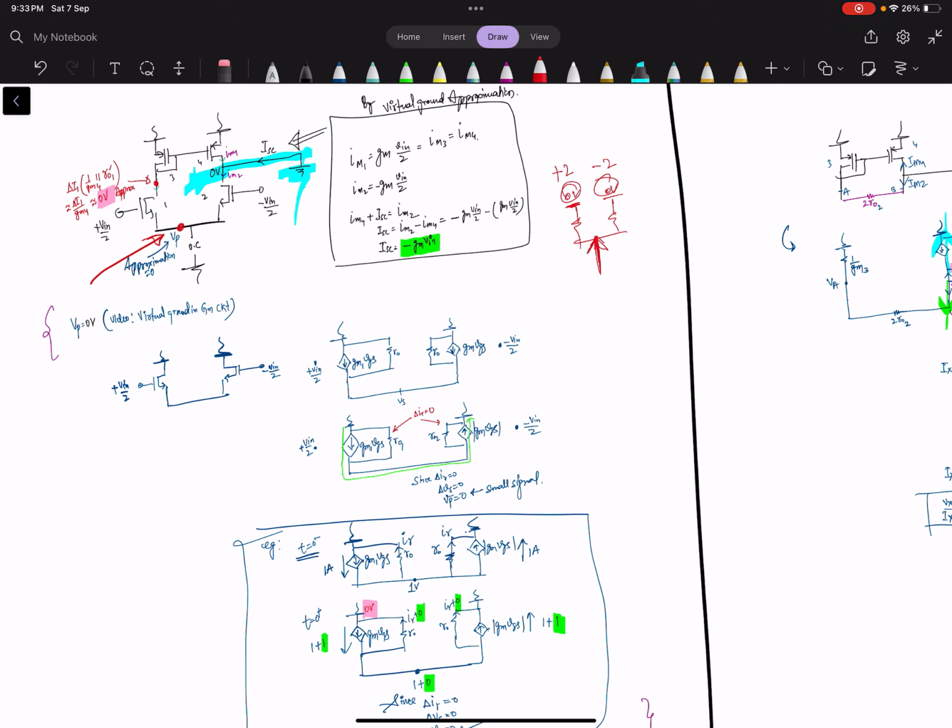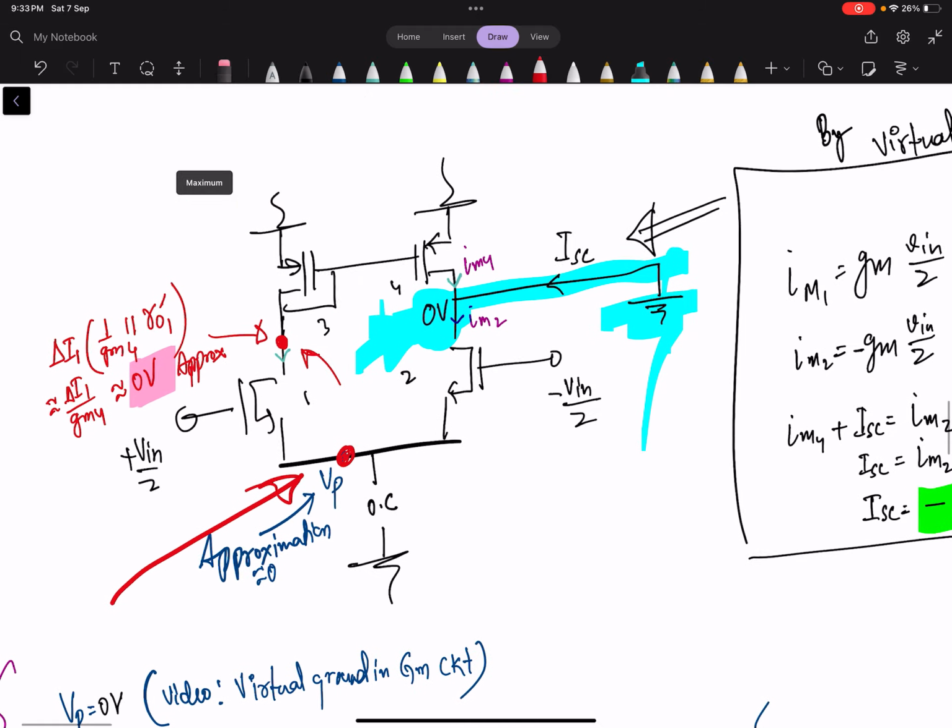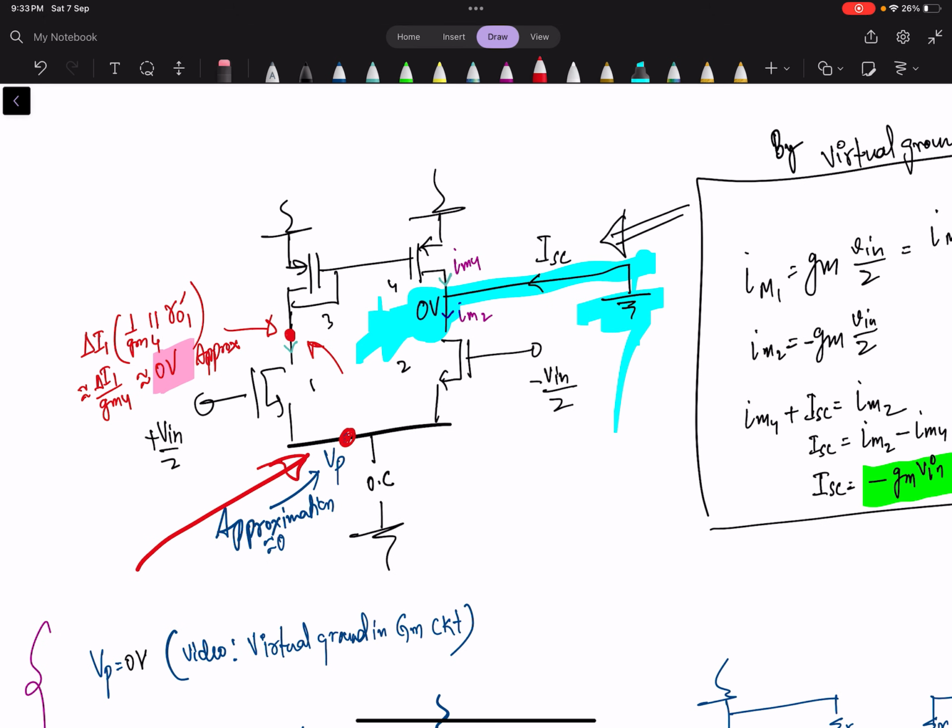Here one node is ground, 0, and the potential at this point is defined by the current through this and R equivalent at this, and we know that is delta I1 by GM4, and GM4 or GM3, both are the same, since 3 and 4 sizes are the same.